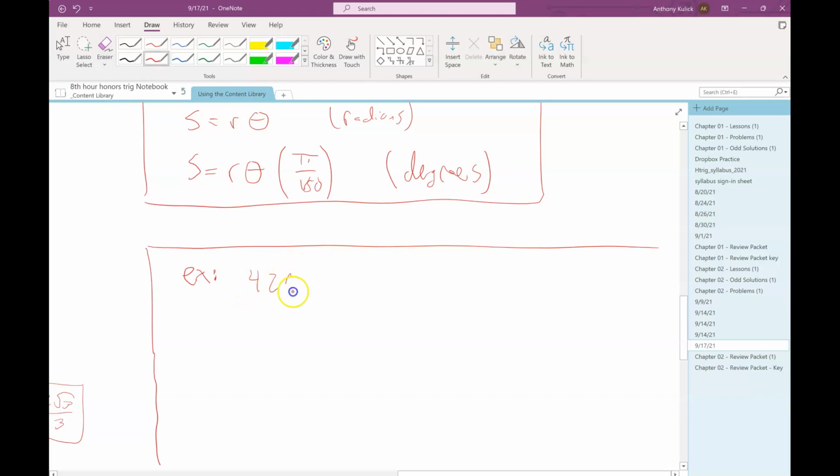Okay? So this is a good one, though. If I want a positive angle coterminal to this, surely I can add 360 to it, right? If I want a negative angle, if I subtract 360, I don't get a negative.